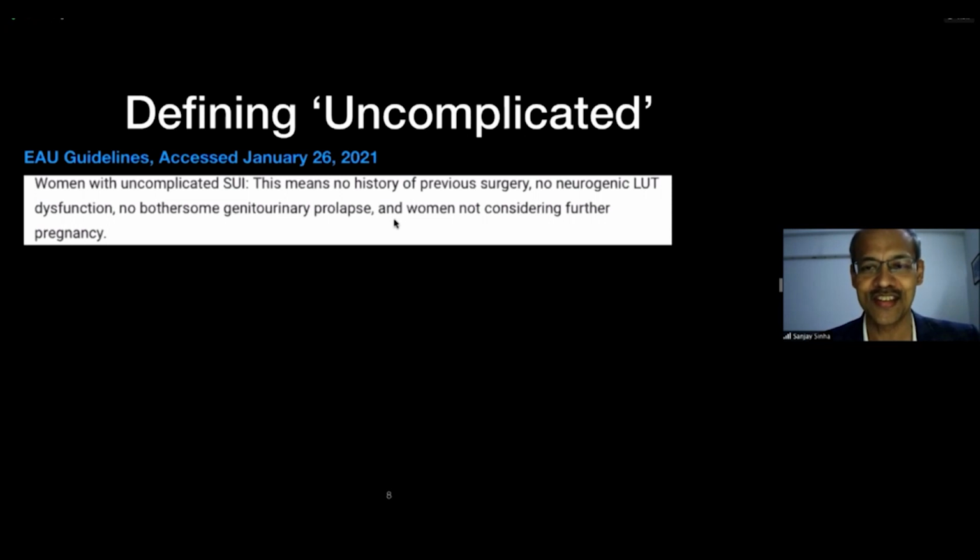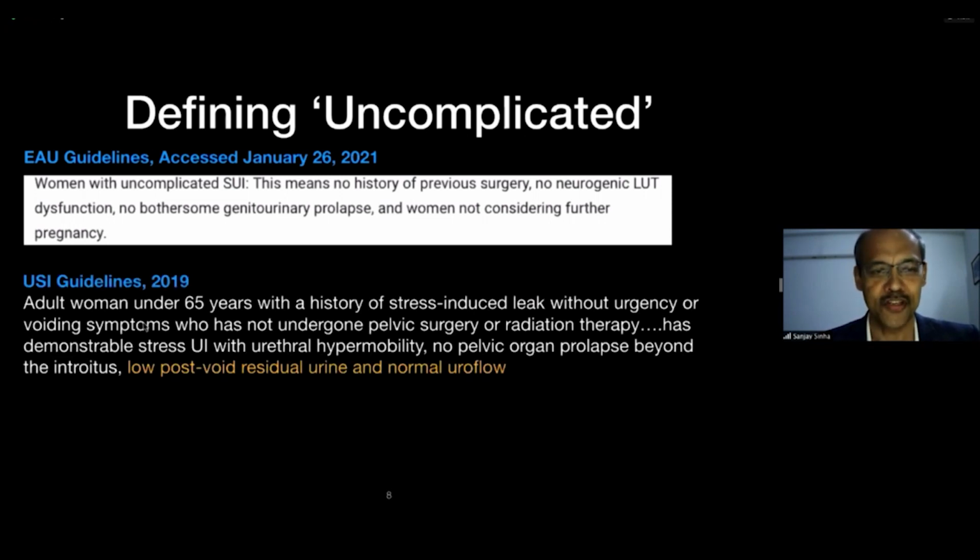That's it. Look at the USI definition. It's a far more arduous definition. There's a far more detailed definition, a lot more additional things here, and especially two things additional in the guideline definition: a low post-void residual and a requirement for having scrutinized the uroflow. And we'll come to this in a moment.